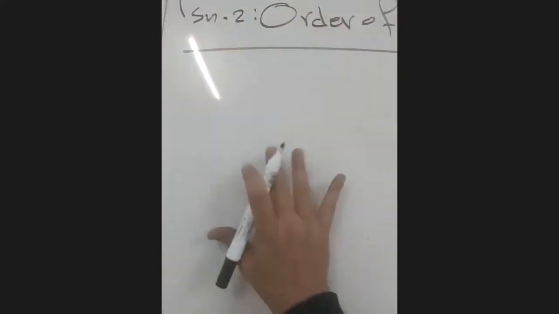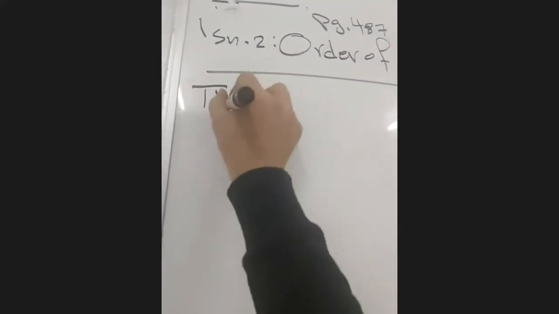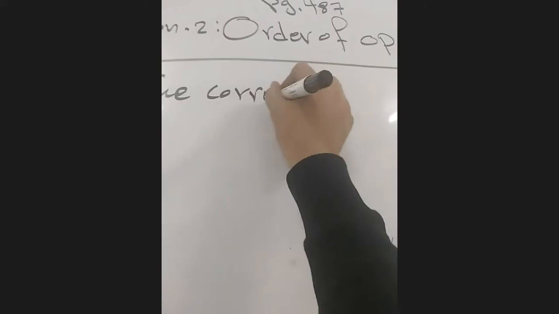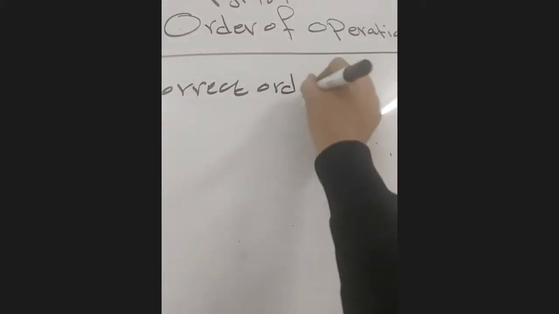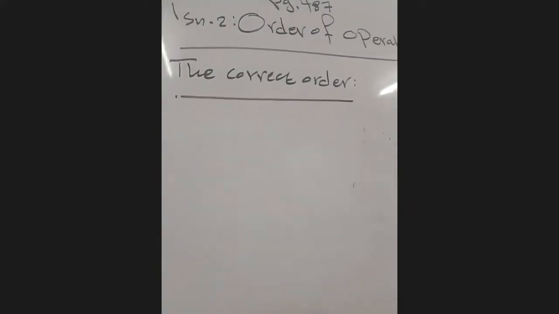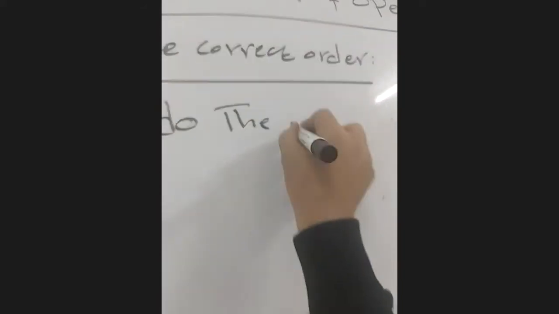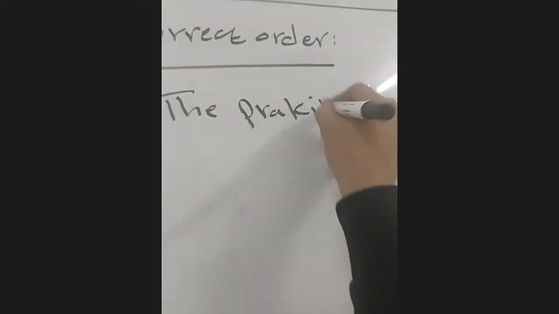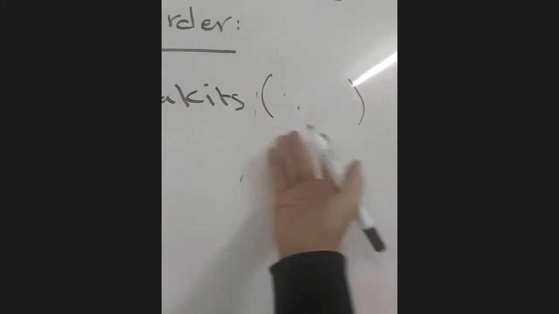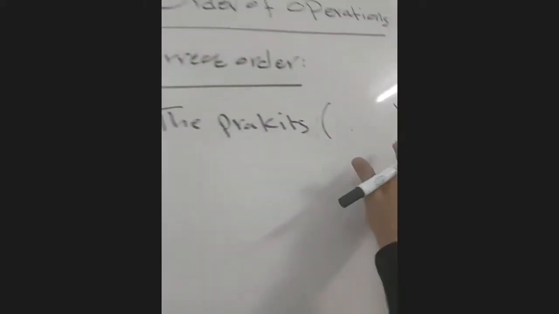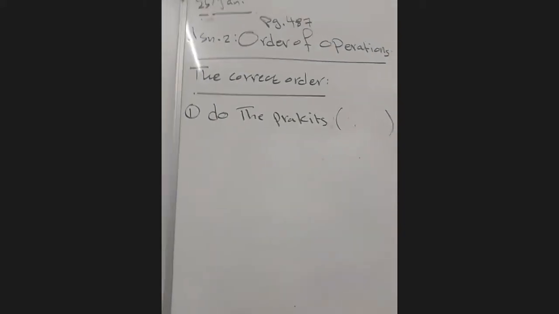Now, first, look here, guys, and be careful with me. Now, the correct order. Focus, guys, please. The first thing you need to do is the brackets or parentheses. If you have brackets, you will do them first.